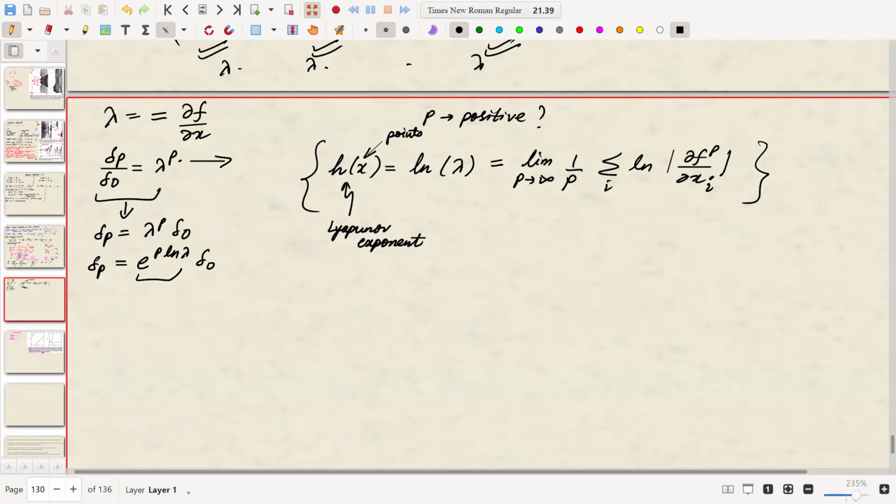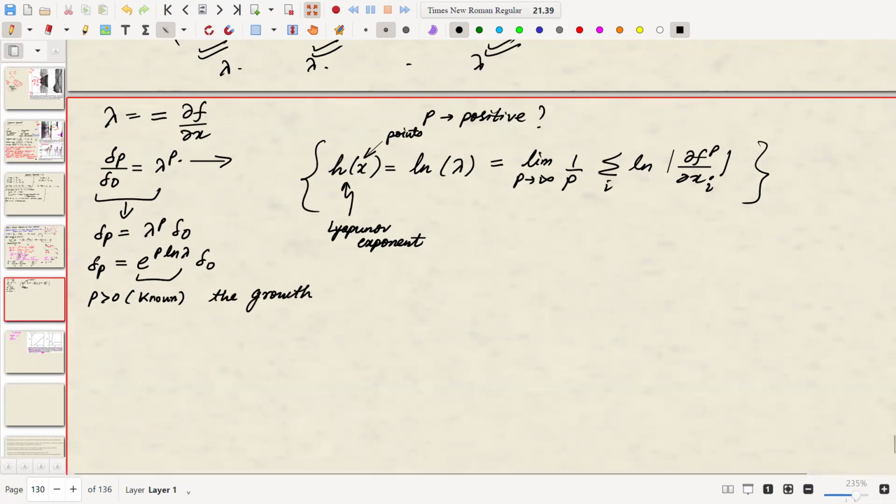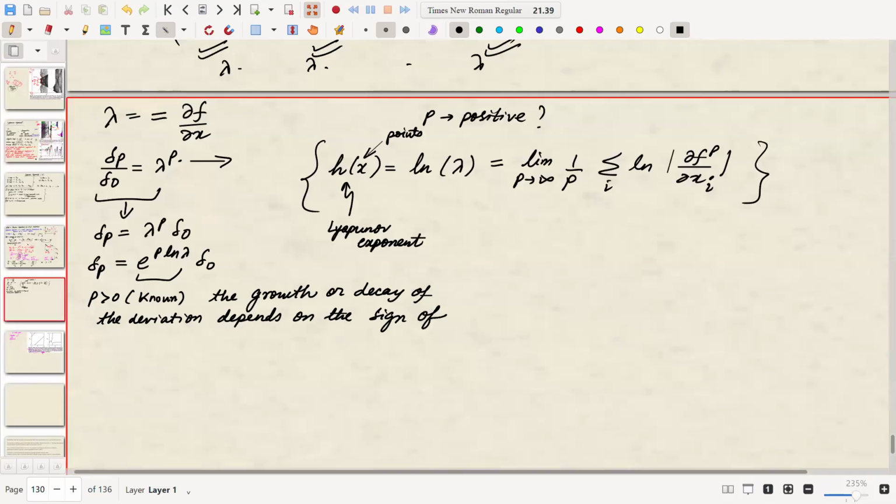So from this, what we learned, since P is greater than 0, this is known to you. The growth or decay of the deviation, this is very important, depends on the sign of ln lambda.